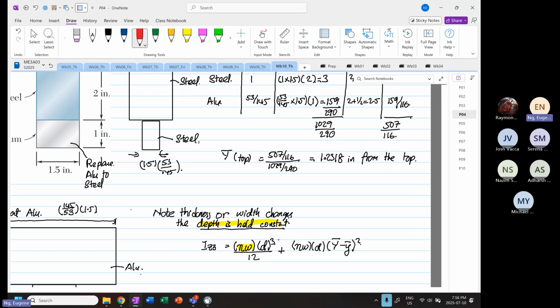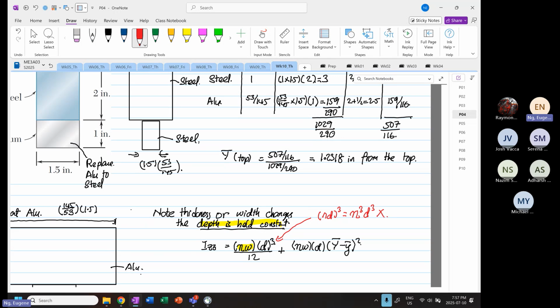If the depth increases also, what will happen is this term over here will be n depth cubed, which is equal to n cubed depth cubed, and that is wrong. That is why, what did I tell you? The depth is held constant, the width is varying. Mathematically, this is the only way to do it.